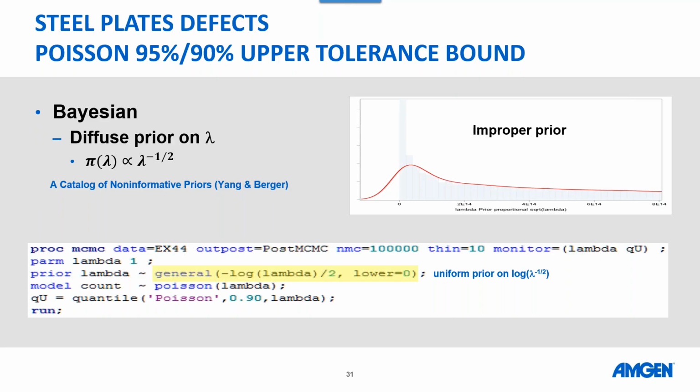From a computation perspective, this lower equal to 0 is not necessary in PROC MCMC, because even if the Markov chain walks to negative values of lambda, the prior evaluation will return a missing value because it's not valid. If you take the log of a negative value, it becomes invalid, and the procedure will reject that Markov chain move anyhow.